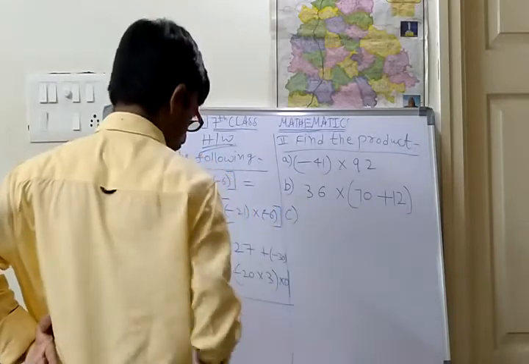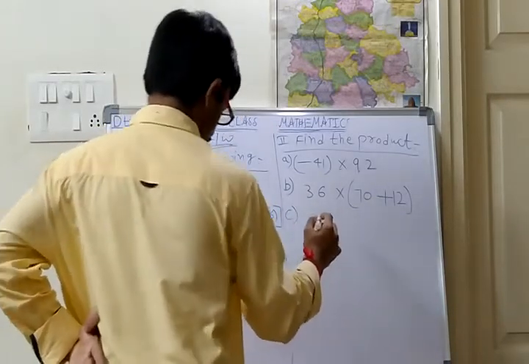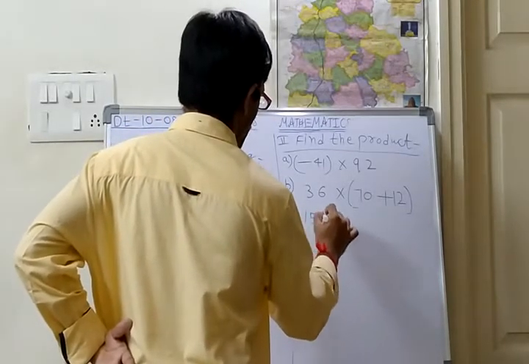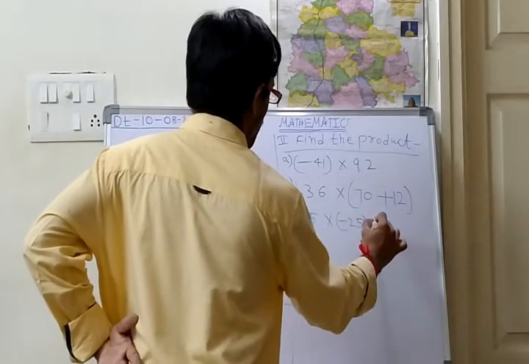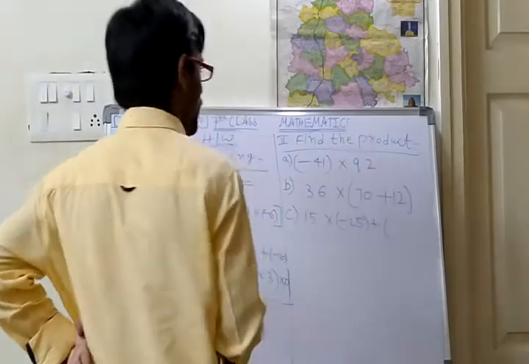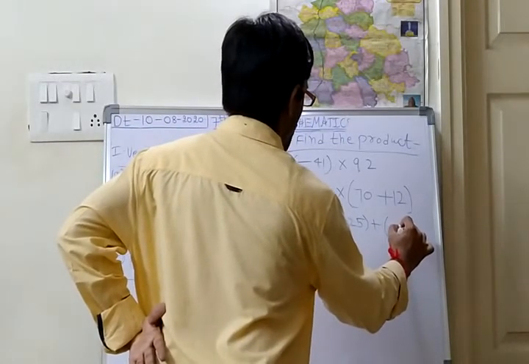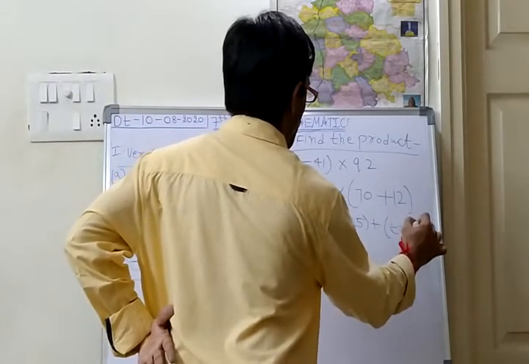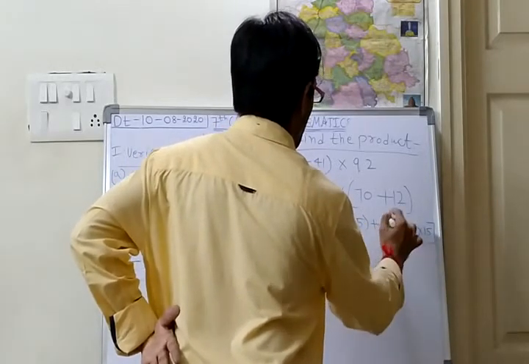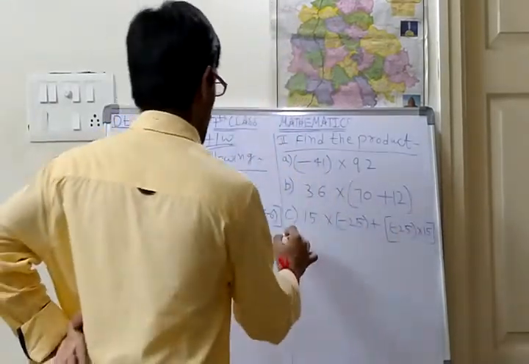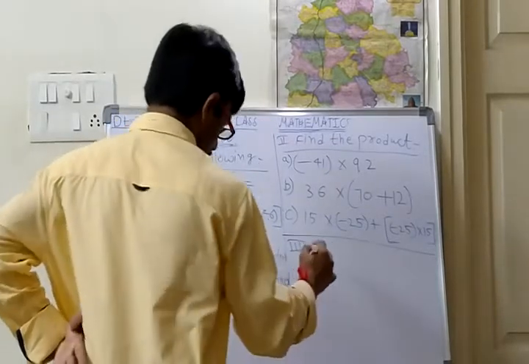And C. (15) into minus 25 plus of minus 25 into 15. This is second bit. Next, last one, third bit.